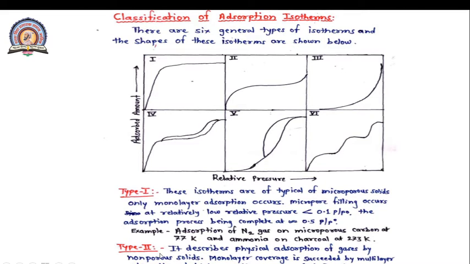Then type second, see the shape of this curve. The adsorbed amount versus relative pressure, the nature of this curve is like this. It describes the physical adsorption of gases by non-porous solids.